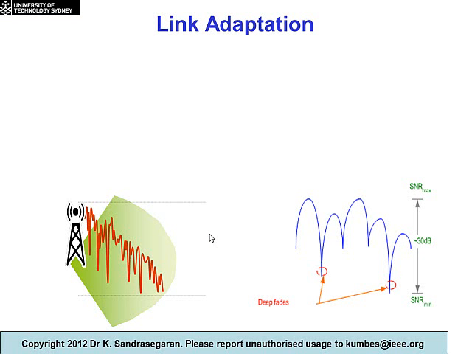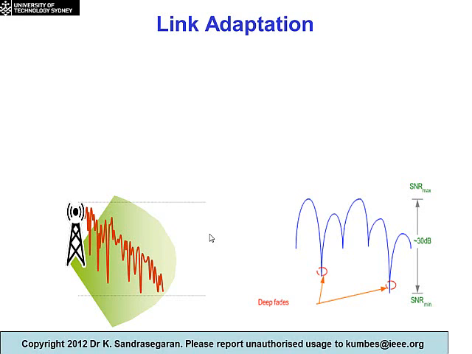So one thing that happens in wireless communication is the channel quality can vary very rapidly. Okay, so it can drop by about 30 dB. So how do we deal with this situation?